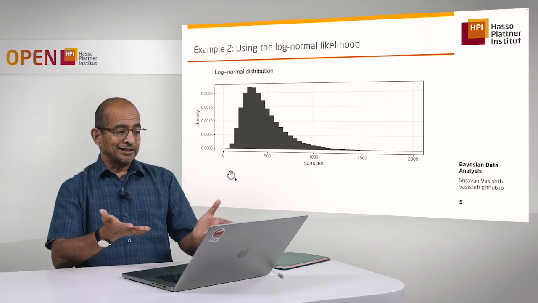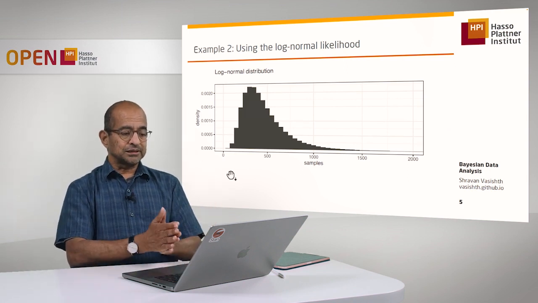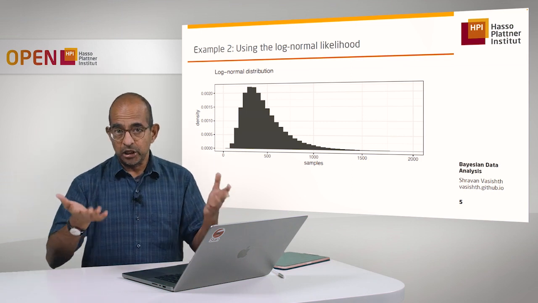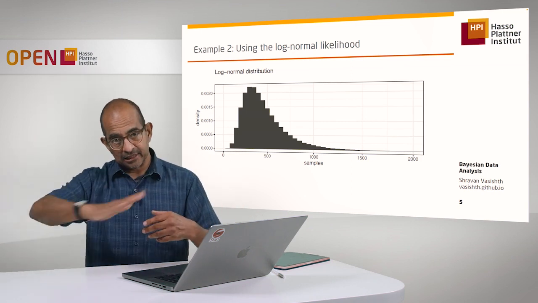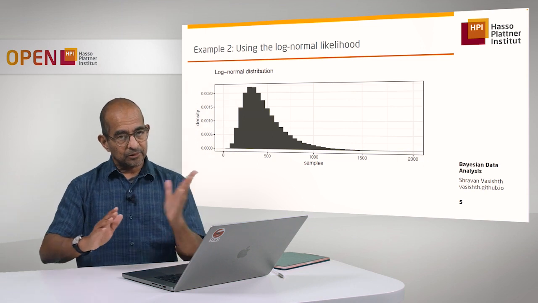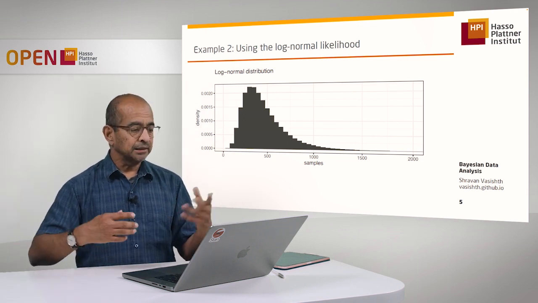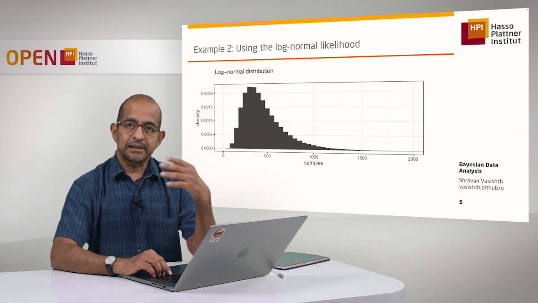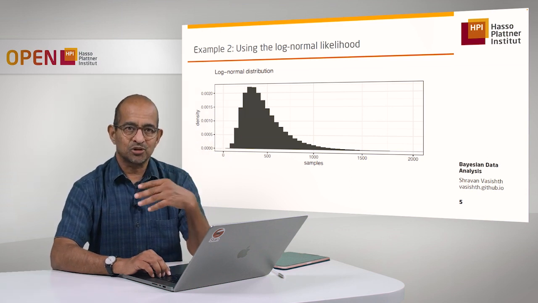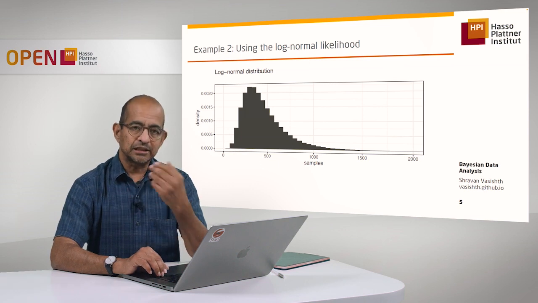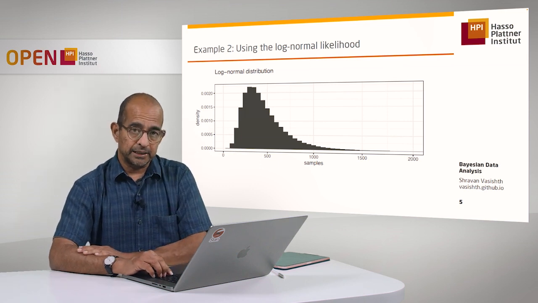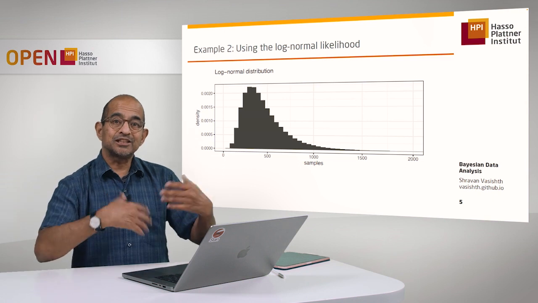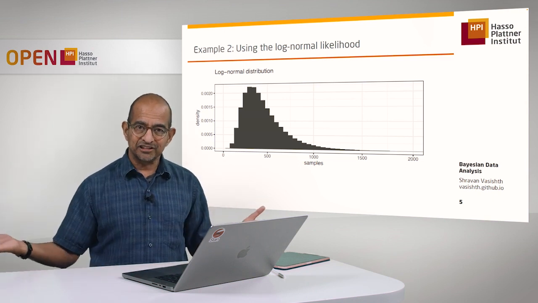So now this log normal distribution seems to be a pretty reasonable way to talk about reaction times. It has this characteristic skew, the data are all positive, it's all good. So that's why whenever one does analysis with things like reaction time, which are positively skewed, you generally use log normal likelihood because it's a much more reasonable representation of the generative process.